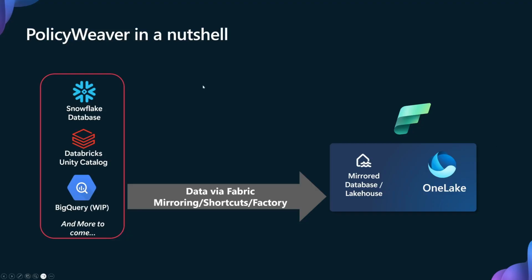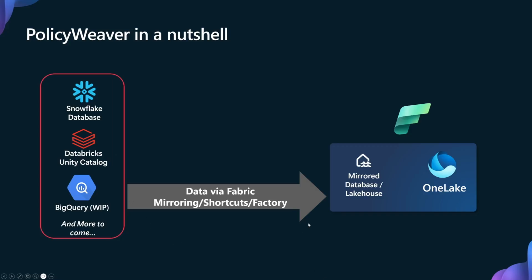So in a nutshell, you have all these ways to integrate data to Fabric via mirroring, shortcuts, using Data Factory, pushing data to OneLake, using partner solutions for data integration, to bring data from all these data sources, specifically popular ones like Snowflake, Databricks, BigQuery.